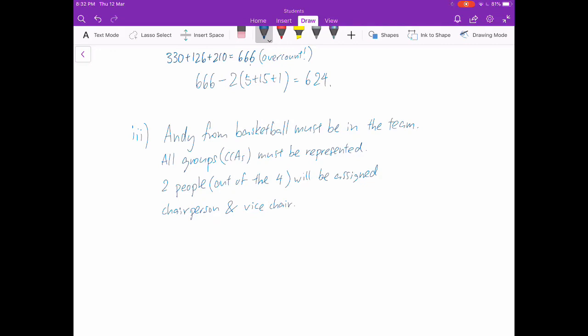And if from basketball, must be in this team of 4. All your 3 CCAs must be represented, and out of this group of 4, 2 of them will be assigned roles, chairperson and vice chair.